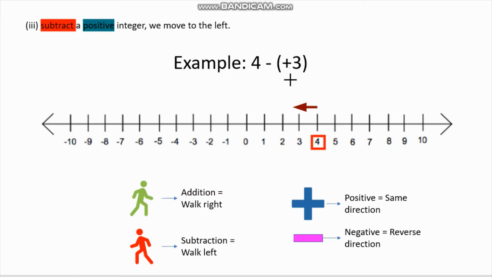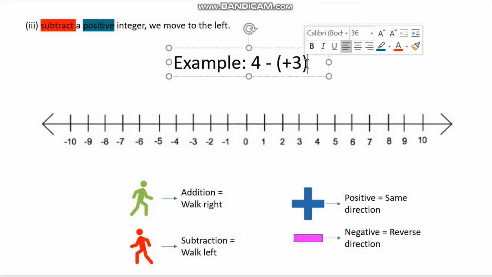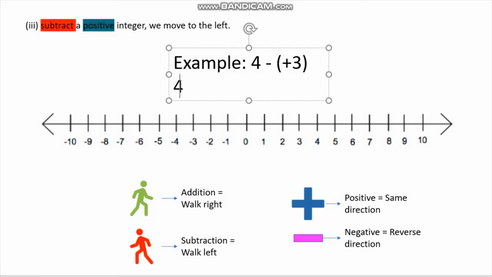Plus 3 is positive, right? So we have to keep going in the same direction. So we have to go 3 times to the left. That will get us to 1. That is nothing but 4 minus 3, which is equal to 1.